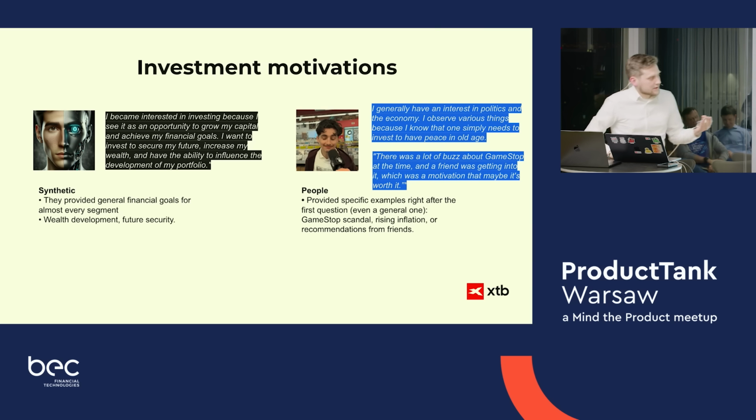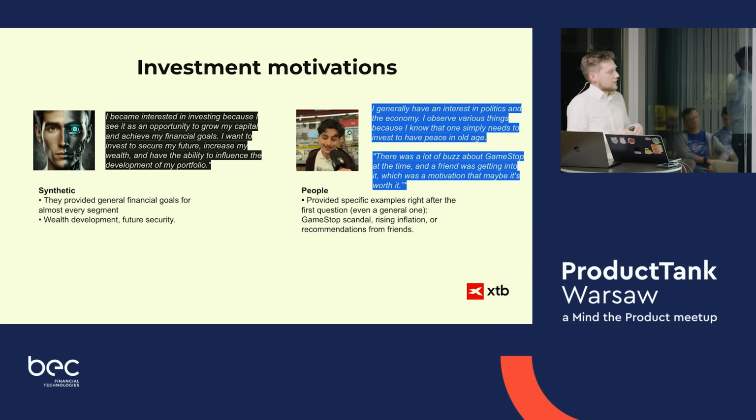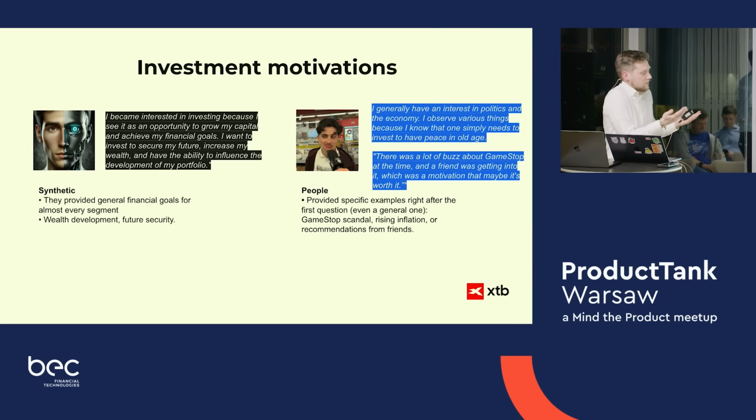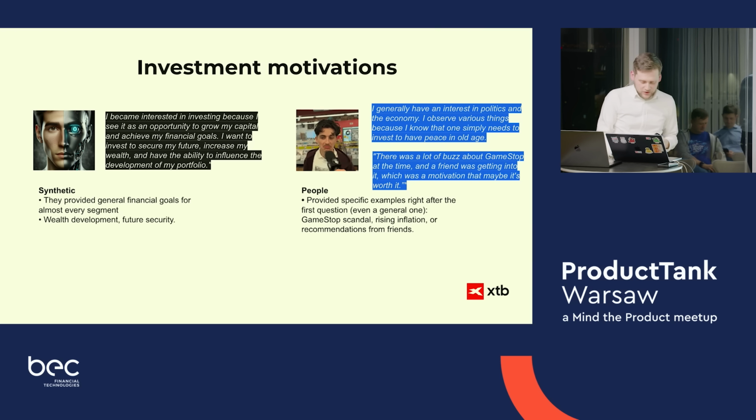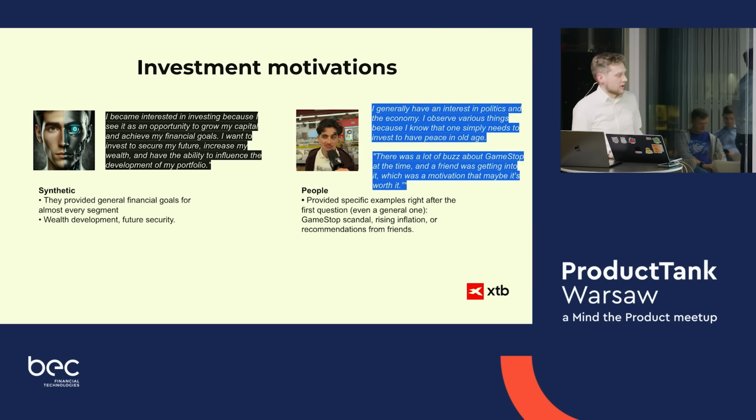They gave us examples. There was a lot of buzz about the GameStop scandal at that time, and a friend was getting into it, which was a motivation that maybe it was worth it. So on this general level, the model was very general in its response, and people were detailed from the first question.